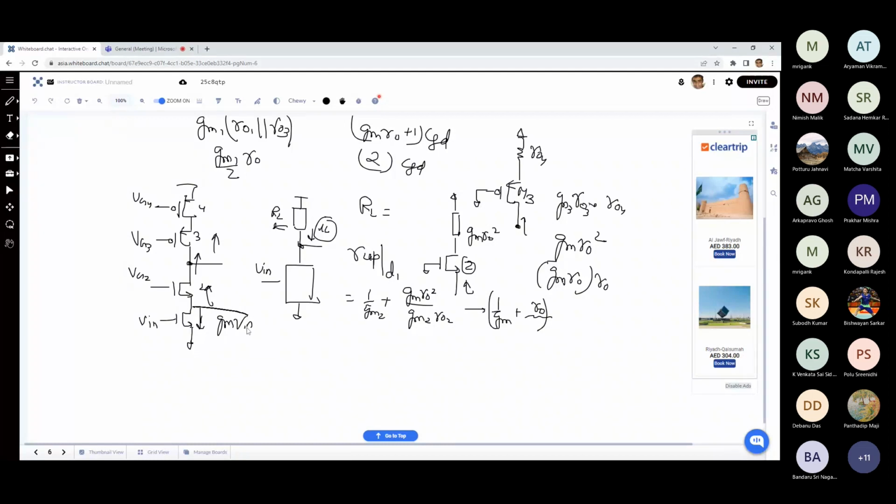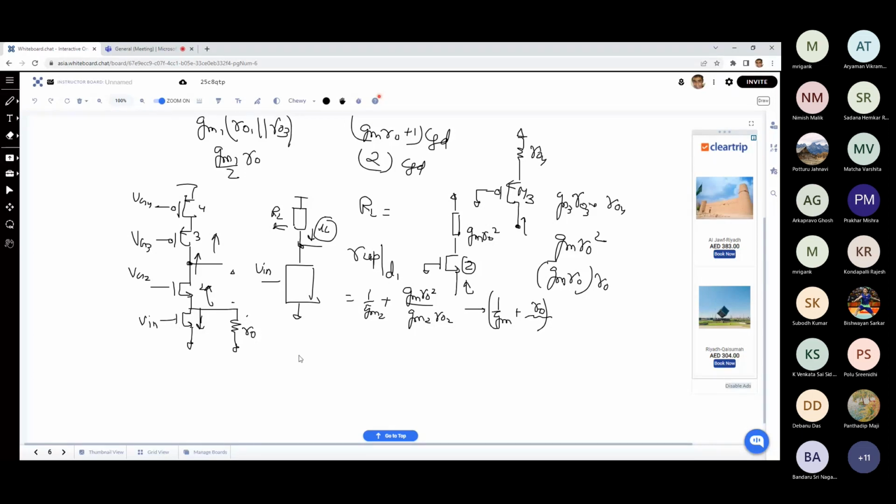At this particular node, what is the story? Here also you are having ro looking down, because that is the MOSFET's own impedance, and looking up it is also ro, right? So here there is a half current division.